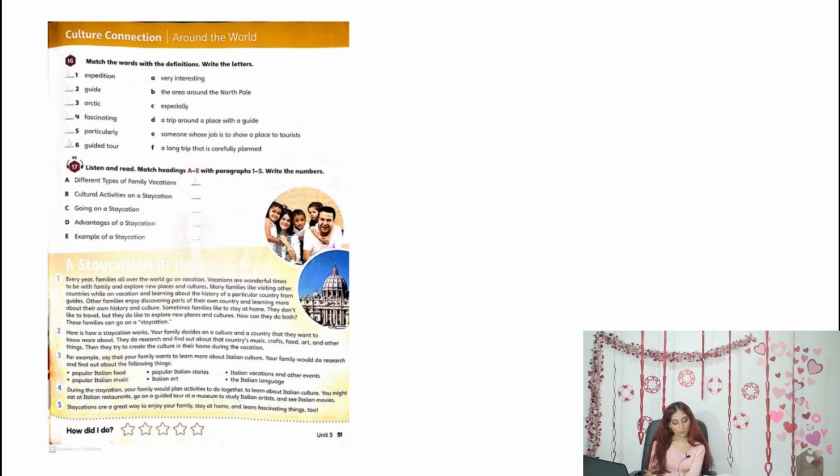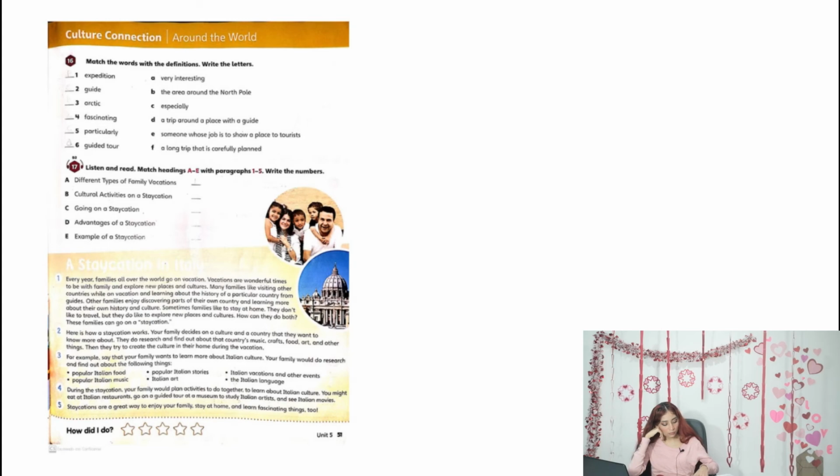Vacations are wonderful times to be with family and explore new places and cultures. Many families like visiting other countries while on vacation and learning about the history of a particular country from guides. Other families enjoy discovering parts of their own country and learning more about their own history and culture.